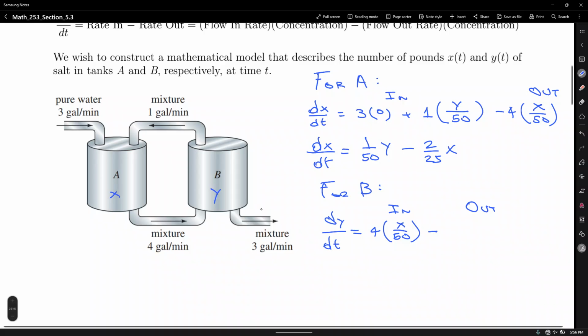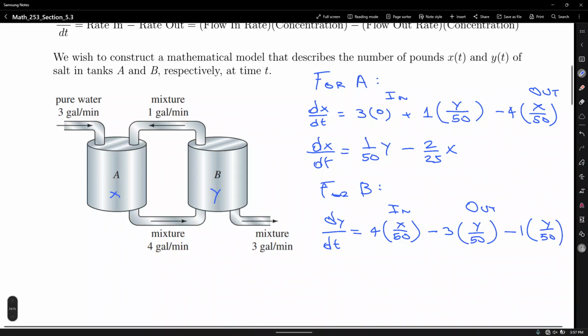Let me do whatever gets out of Y and not recirculating back into X. So there's a rate of 3, but there's only the Y solute divided by 50, minus whatever goes back to X, which is at a rate of 1 times, in this case, also Y divided by 50, right?